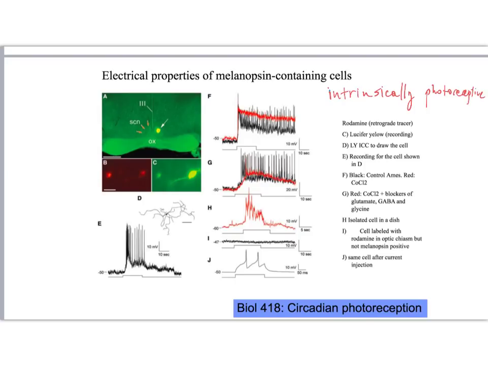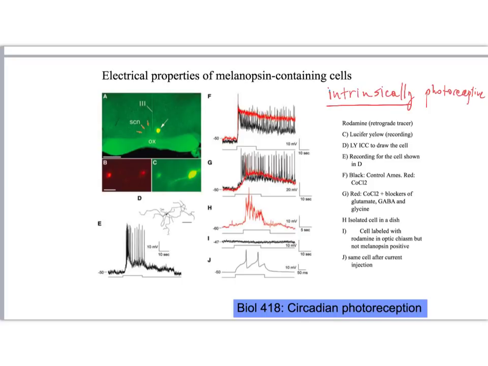If you think about it, all ganglion cells can respond to light because they get input from rods and cones. However, melanopsin-containing ganglion cells are the only ones that are intrinsically photoreceptive. What does that mean? And this is developed in the Hattar paper.